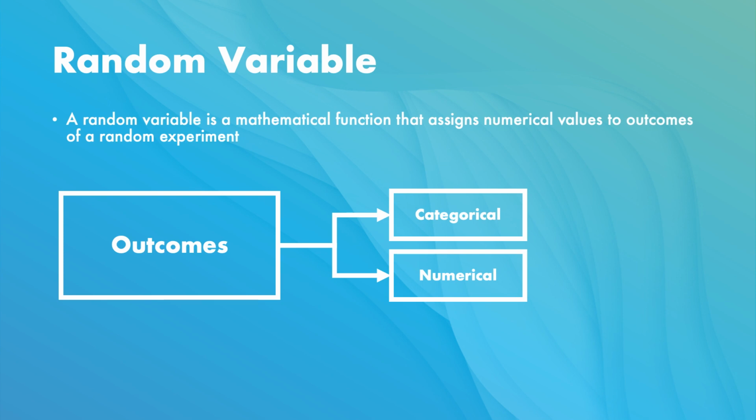And that is basically a random variable. But since we do it for categorical values, we also need to do it for numerical ones. So this concept of random variable is pervasive through all experiments in probability theory.